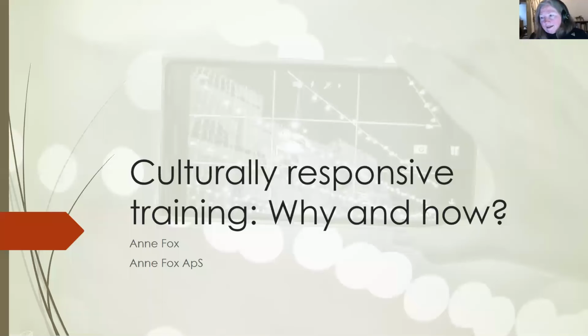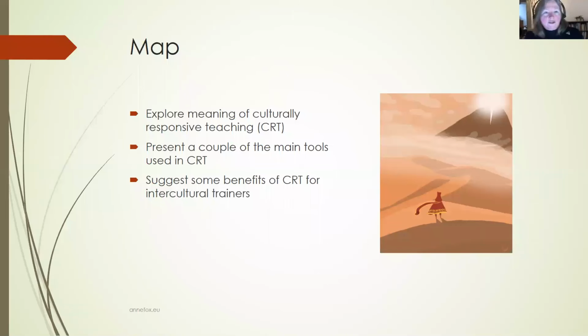Right, okay, so this is the road map of what I hope to do. I hope that this will take about 40 minutes or so, and then there'll be the opportunity to ask questions. But I had also intended to ask a few questions along the way, to see if what I'm presenting has any resonance with what you've met in your intercultural training.